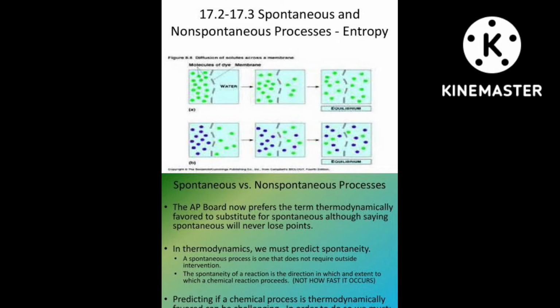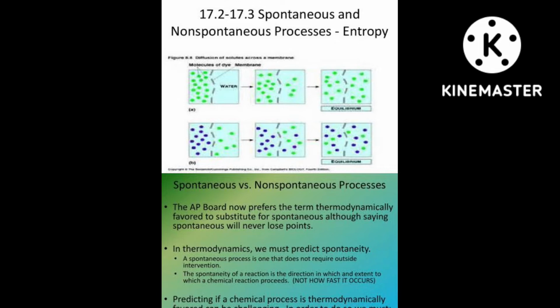What determines the direction of a spontaneous change? Here we will know all these things. We shall establish some criterion. Criterion means related to criteria.